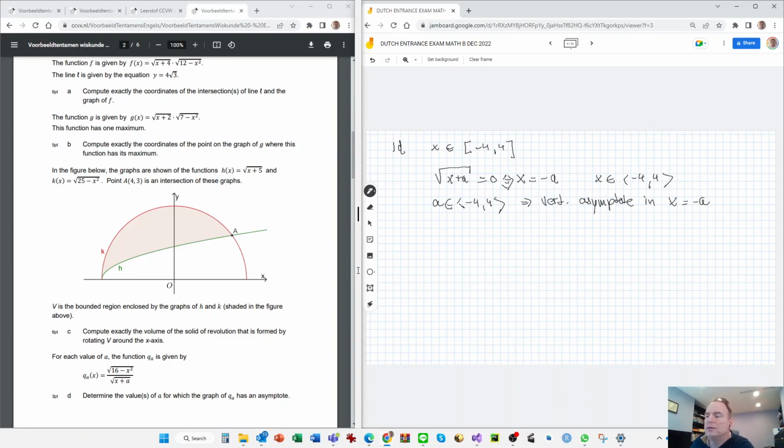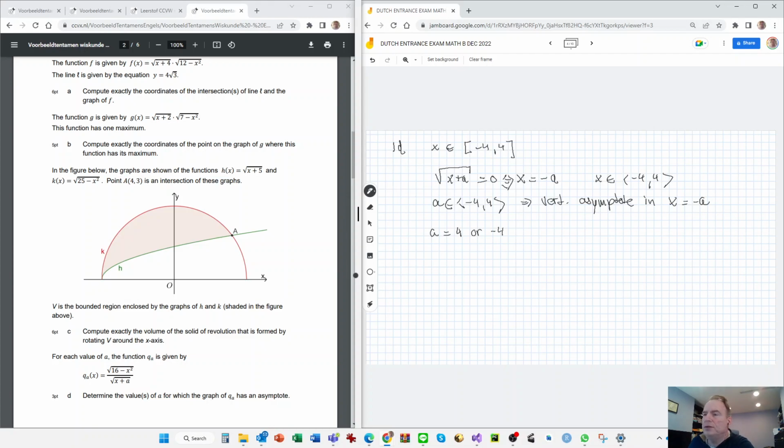Now, what happens actually when you take the limit to minus 4 or 4? So what if a is 4 or minus 4? Well, in that case, this numerator will reach 0.